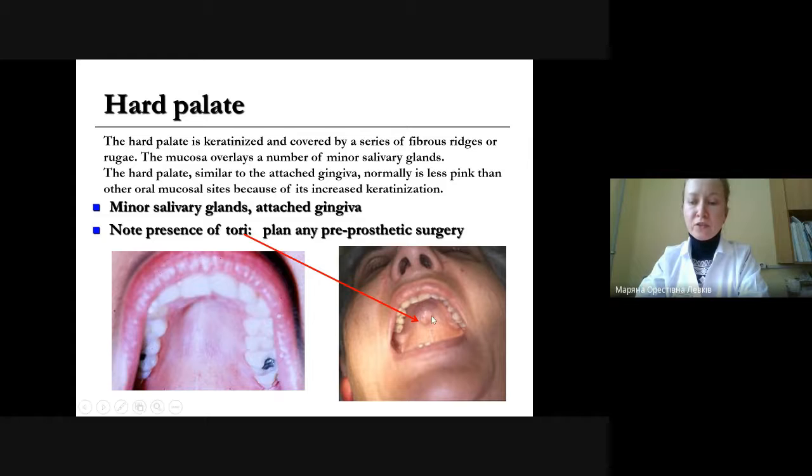And pay attention to the normal anatomical structure, tori. Actually, it does not do any harm to the patient except if there is supposed to be prosthetic treatment. If such is present and prosthetic treatment is going to be done, so surgical operation is done to cut the tori.